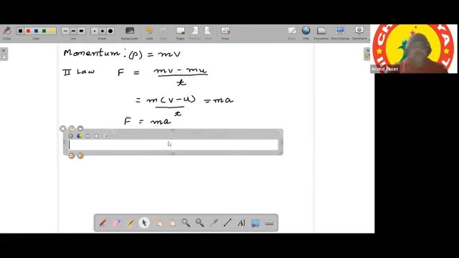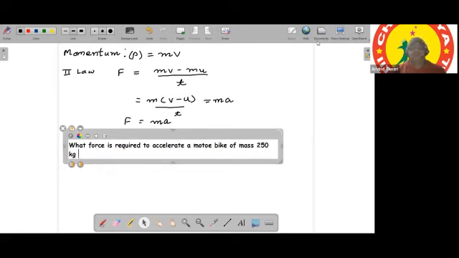First one is, what force is required to accelerate a motorbike of mass 250 kilogram by 2 meter per second square?